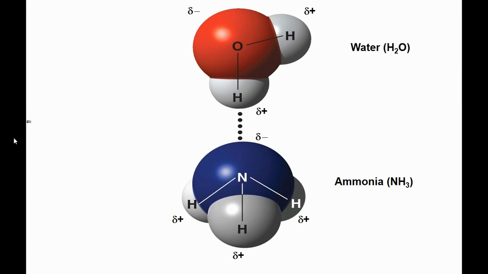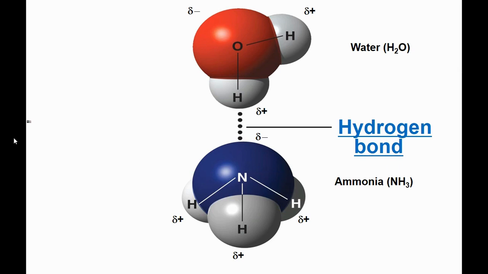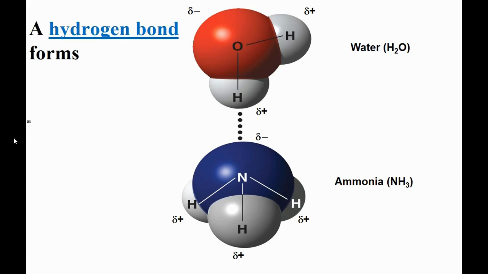It has some electronegativity to it, and you can see how it will create more of a partially negative portion of the ammonia molecule, the NH3 molecule. You can see that there, and then it's going to orient itself with a partial positive side of one of these other oxygen atoms that exist in a water molecule.